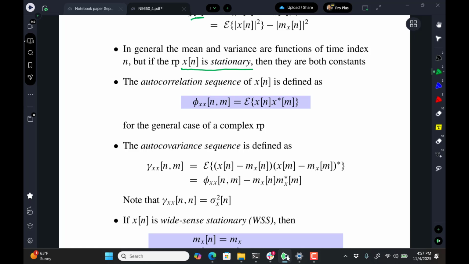Formally, the definition involves assuming a complex random process. In other words, our definitions can handle complex random processes. Most of the time here, we don't need the conjugate, and if it's a real random process, the conjugate doesn't change anything, right? It's just set up so that you could handle complex signals if need be.